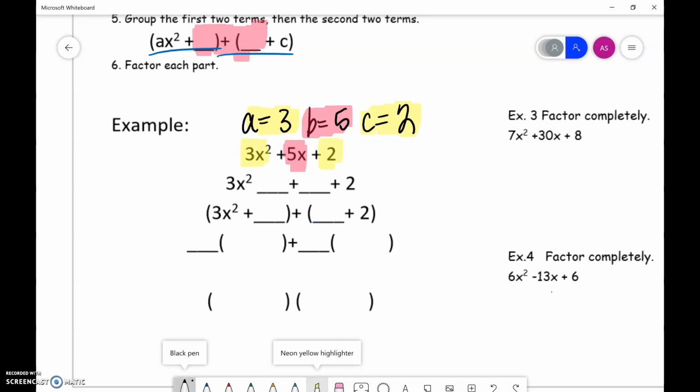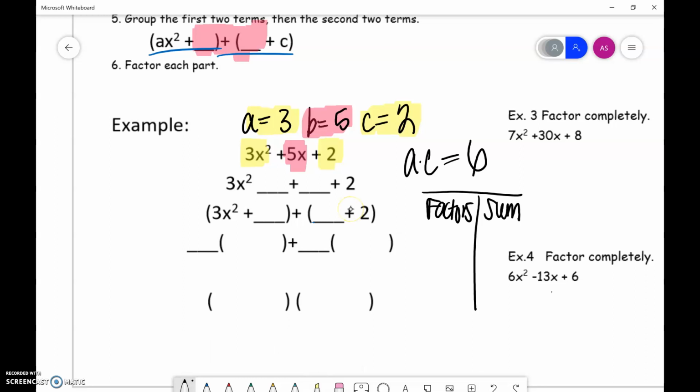So when I do a times c, that's going to be 3 times 2, that's going to be equal to 6. So I want my 2 numbers that multiply to give me 6, but then add together to give me 5. So when I look at my table, I'm going to list my factors in this column. These are going to be all my potential options. But whatever I choose, it has to add up to give me 5.